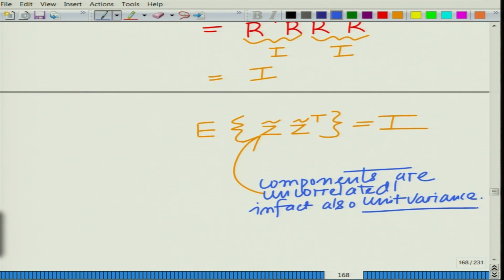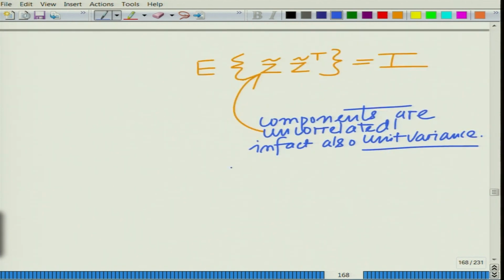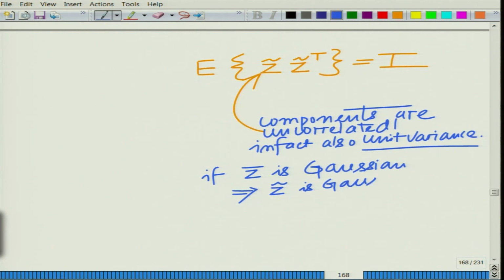And in fact, if z bar is multivariate Gaussian, this implies z tilde is Gaussian, and for Gaussian, uncorrelated implies independent.